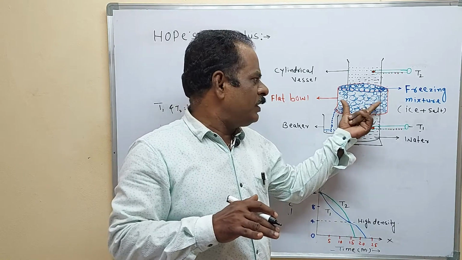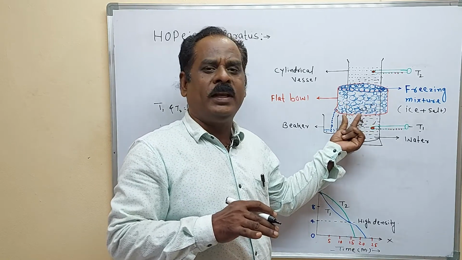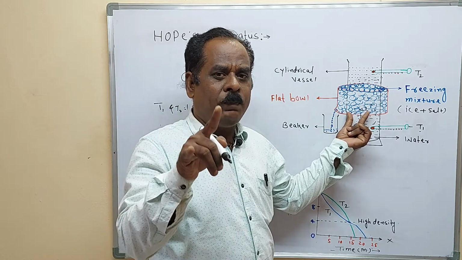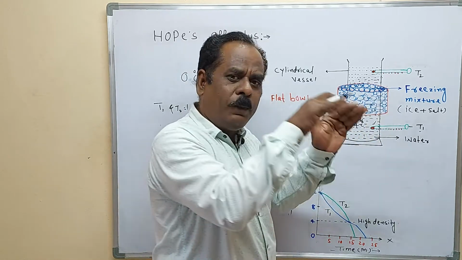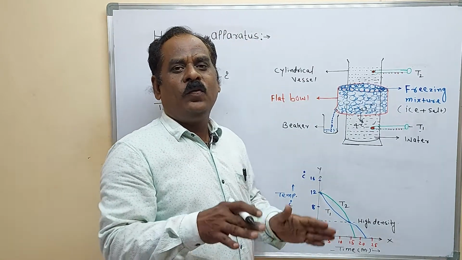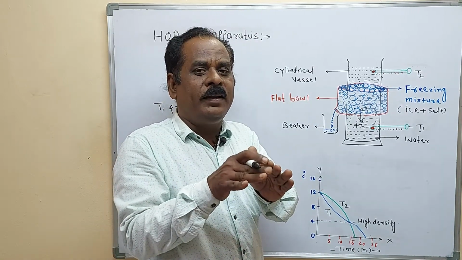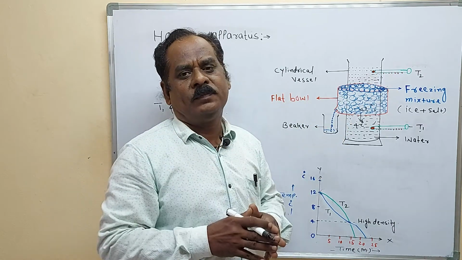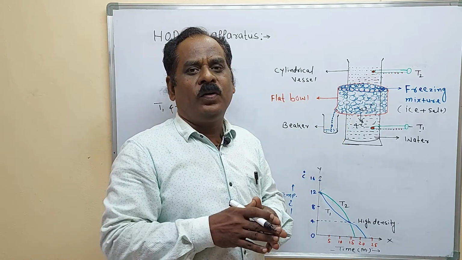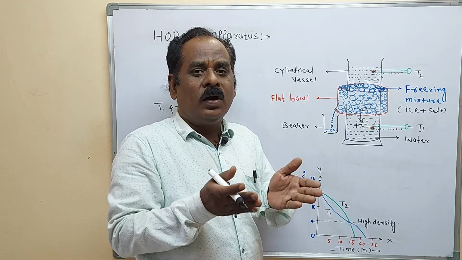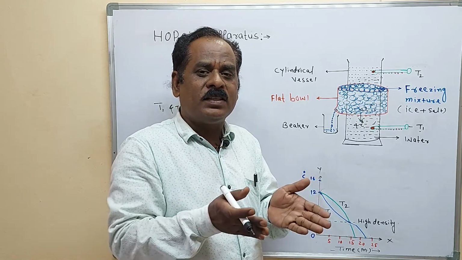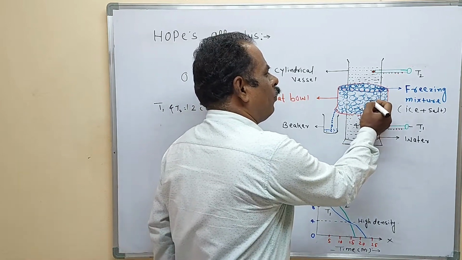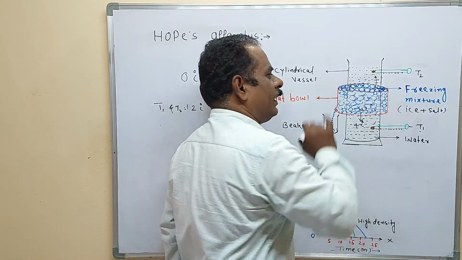Whenever the temperature of the central water decreases below 4 degree centigrade, listen carefully here: the volume of water does not decrease. The volume of water slowly increases, or expands. Therefore, density is not increased; the density decreases. Due to the decreasing density, such water goes on the upward side.